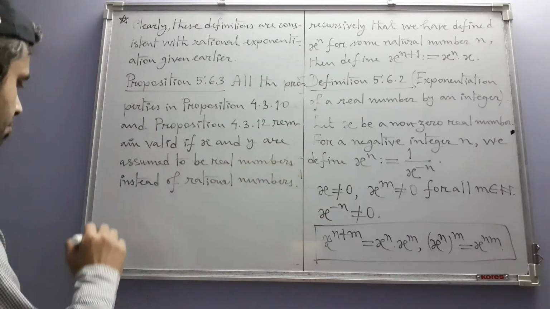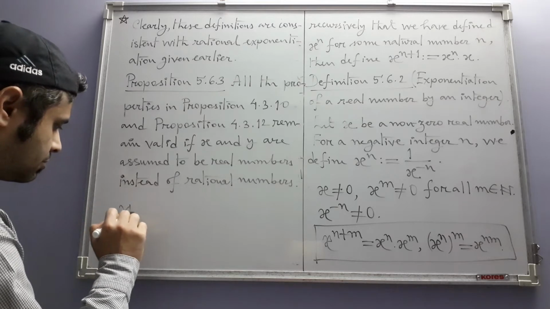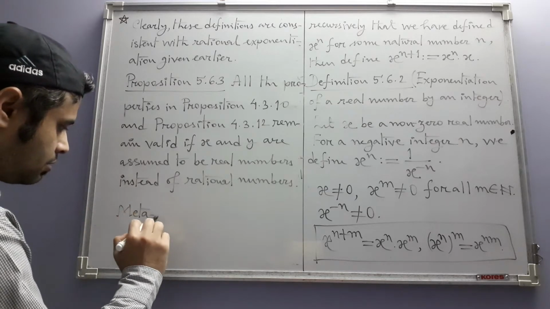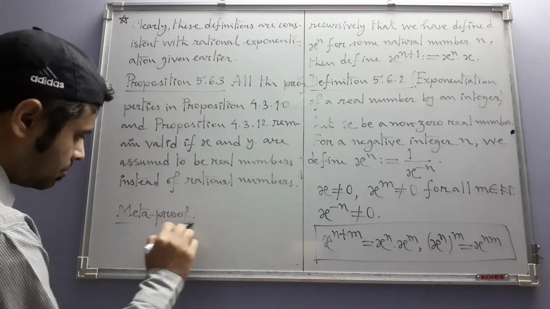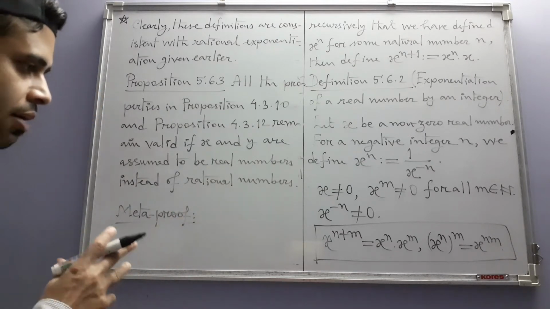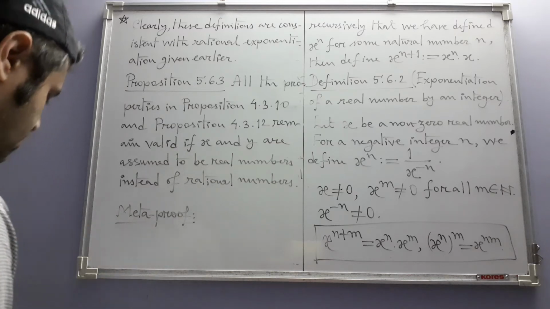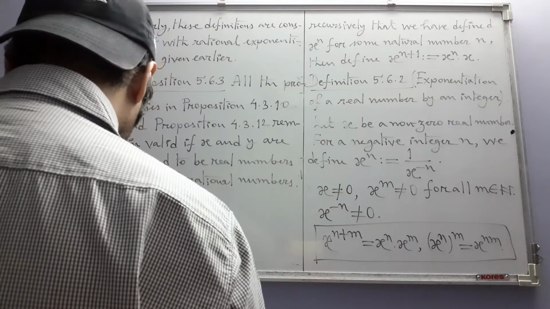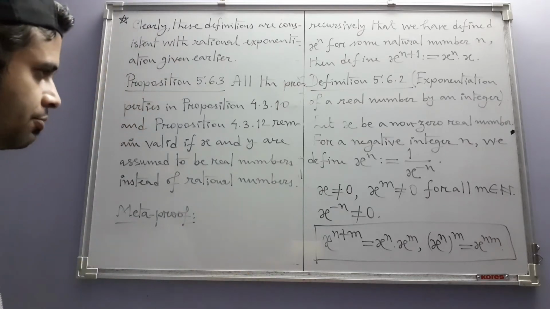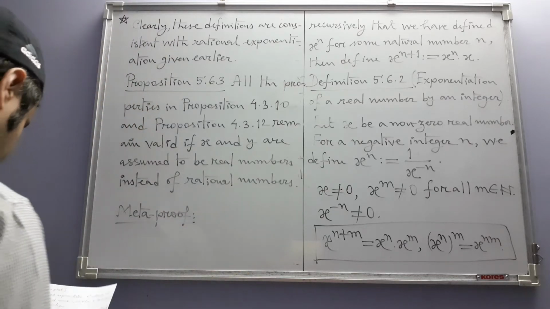And in place of a proof, we have a meta proof, which is less a proof and more a way of how to write a proof. Okay, let us first write the things and then we will see what this means and why a meta proof itself is enough in this case.